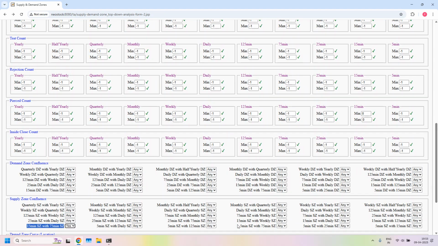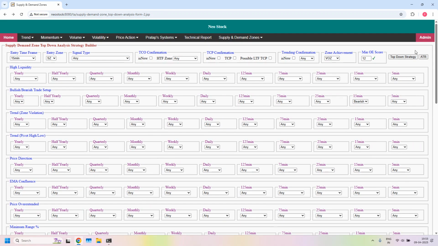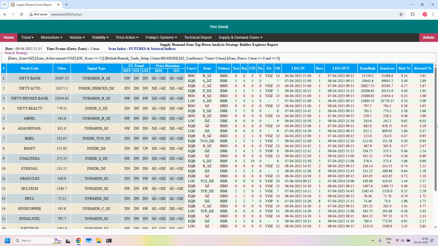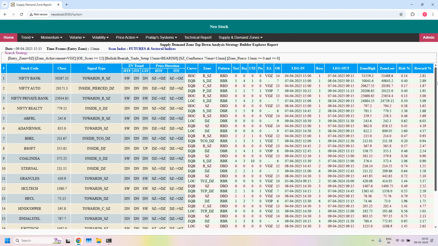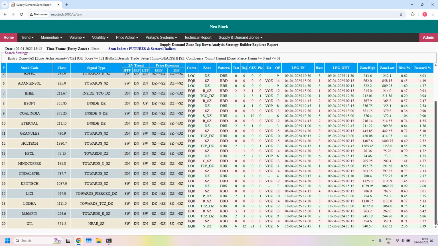And we are applying this filter on the 20 stocks. Now the list comes down to... no, there is no filter change. All 20 are again filtered. That means in all the 20 stocks, the 15 minute zones are overlapped with 75 minute zones. None of the stocks are filtered out.